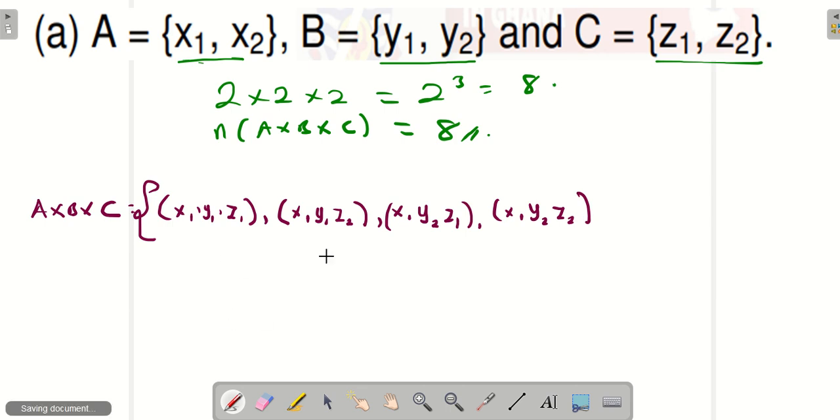Now I am done with X1, so I'm going to start with X2 this time.